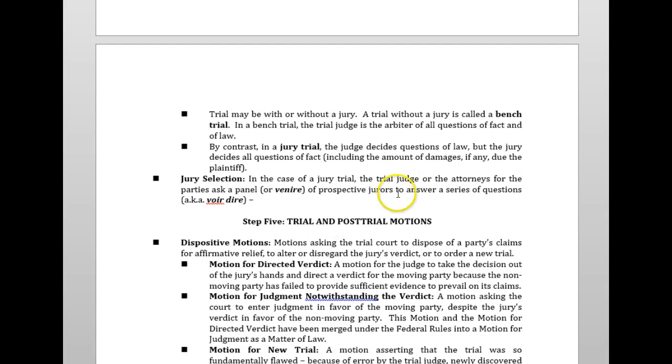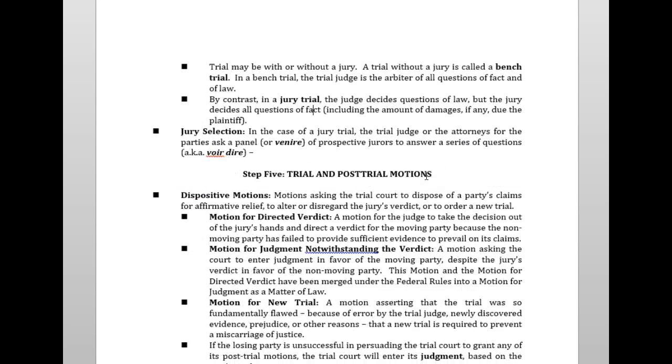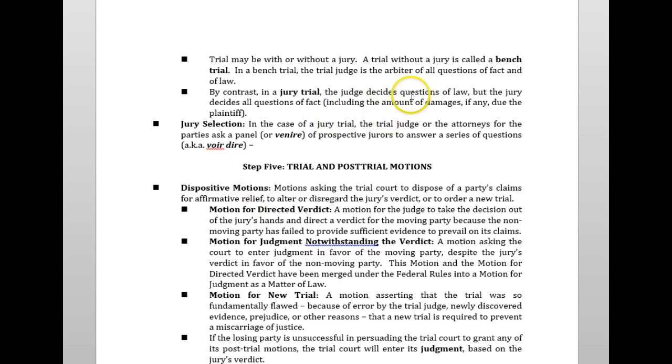If you have a trial without a jury, it's called a bench trial. If you have a bench trial, the judge is the arbiter of all the questions of fact and law. When you have a jury trial, the judge just worries about questions of law, and the jury worries about questions of fact. So, all of this is very structured in how it plays out.